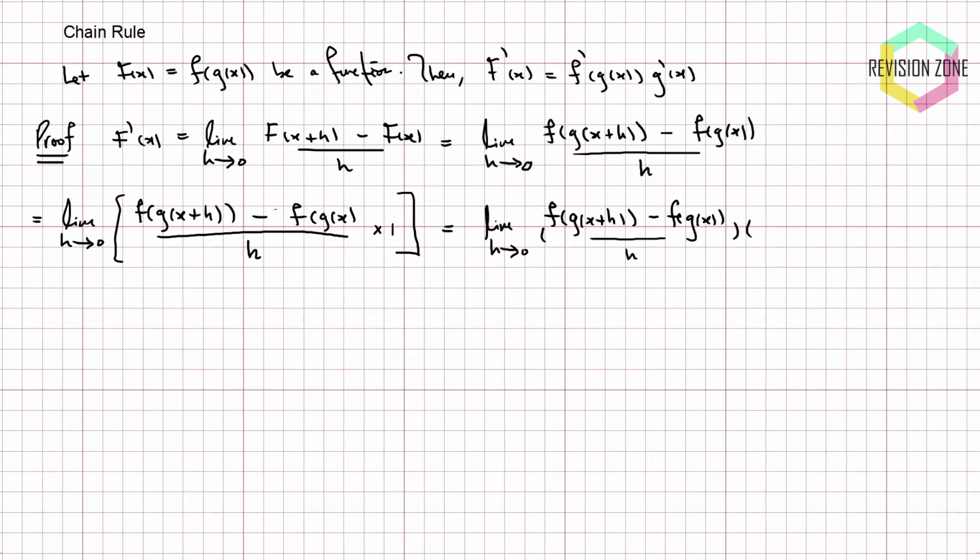The way I'm going to write down my 1 is g of x plus h, take away g of x, over g of x plus h, take away g of x. So this is my 1.